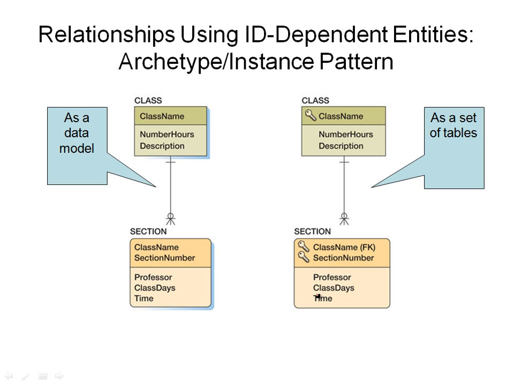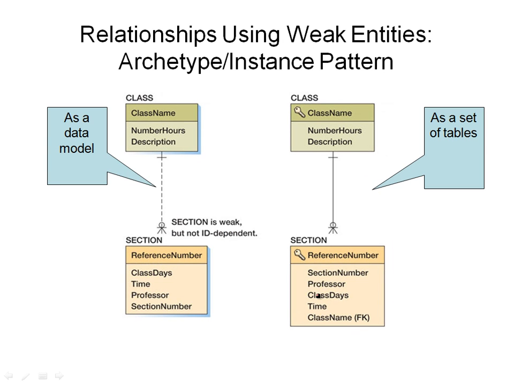So here we use the composite of the two names, the class name and the section number, while in this case, in this design, I change that into one primary key that I call the reference number, but so as not to forget, I use the section number and the class name as foreign keys coming from the other classes or the other entities.